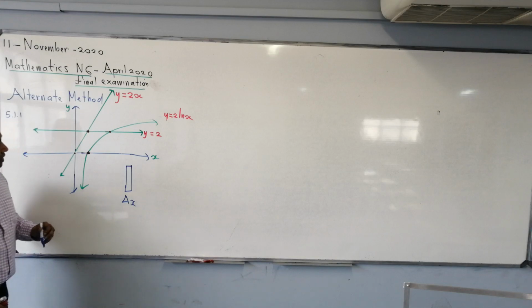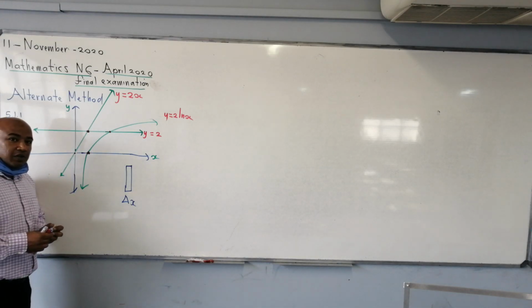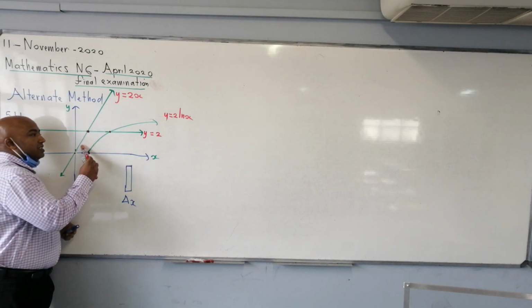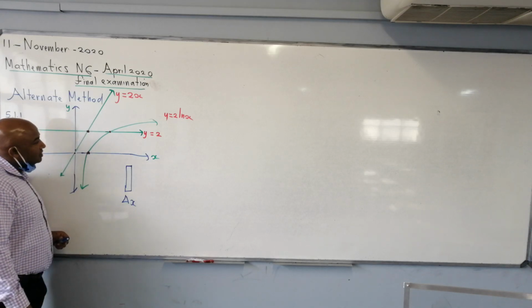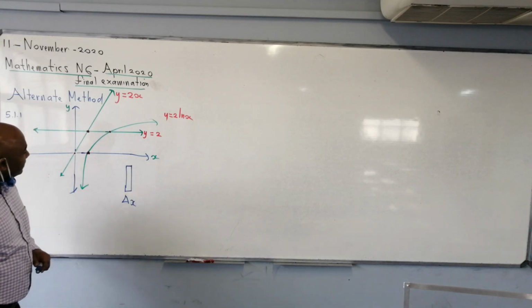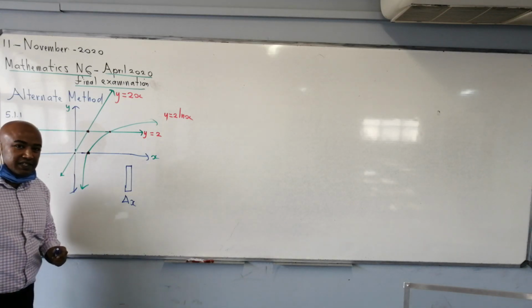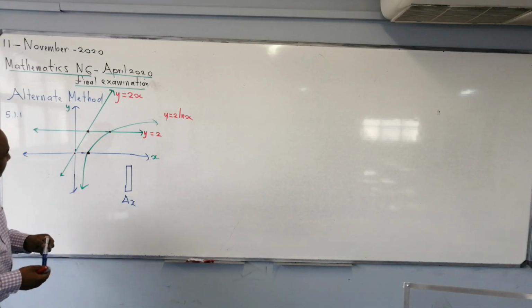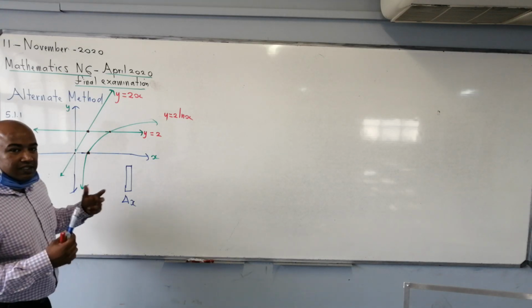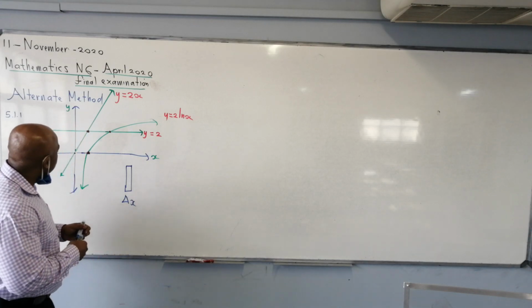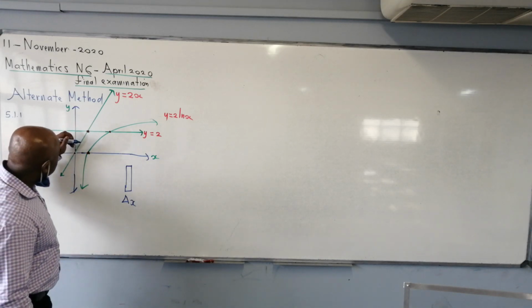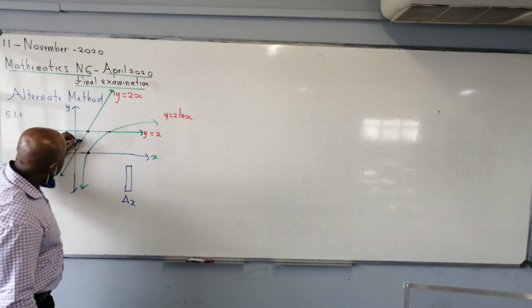So let's have a look at the area. So we know that this is the area. Now, if we use a representative rectangle of delta x, then let's sketch the representative rectangle inside. So here's one here.